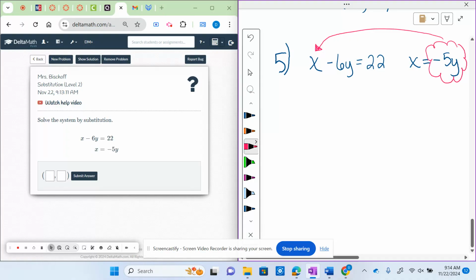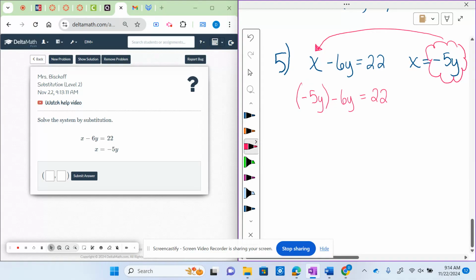The reason I put in an equation like this is because you guys are so consistently substituting in for y that when you have to substitute in for x, you're like, whoa, wait a second, what's happening? Same process, we're still using substitution. So now we're going to manipulate this equation. X, which is negative 5y, minus 6y equals 22.